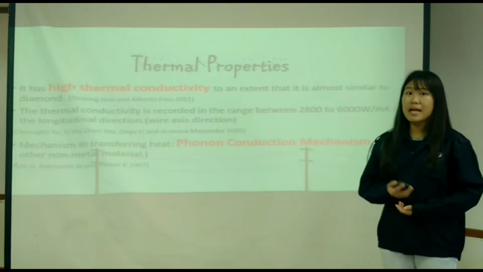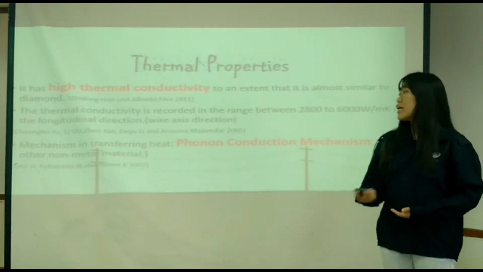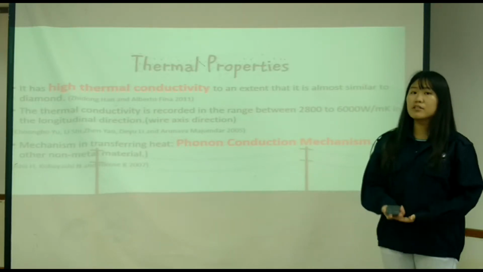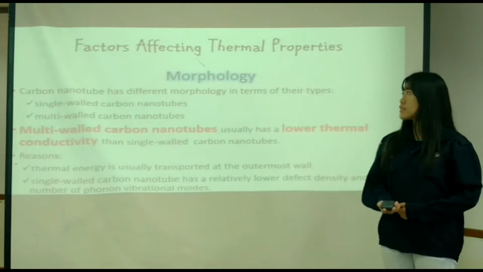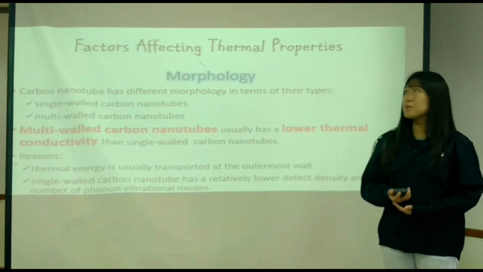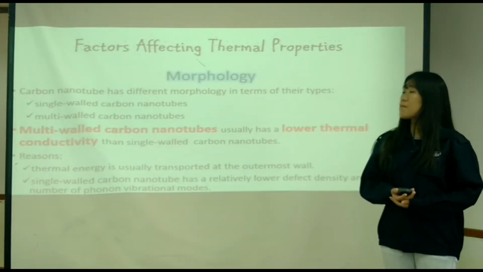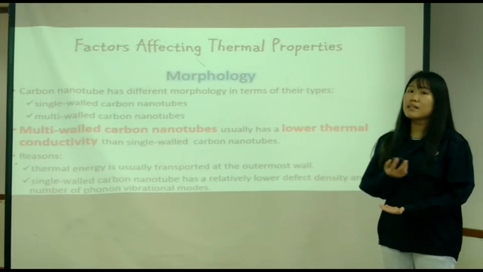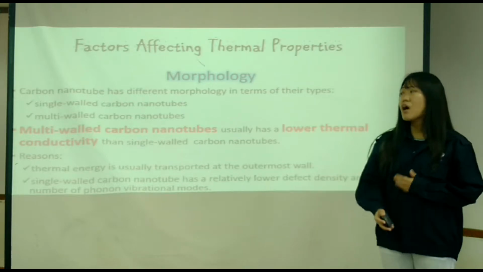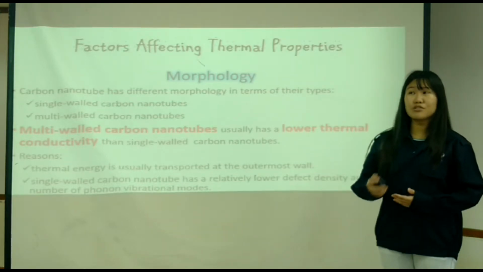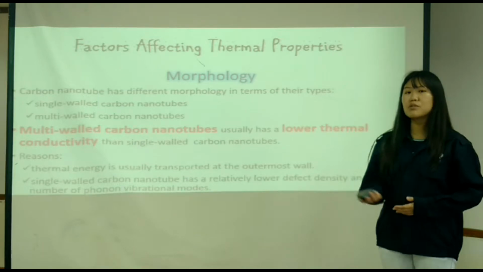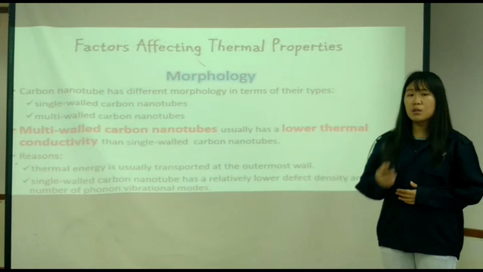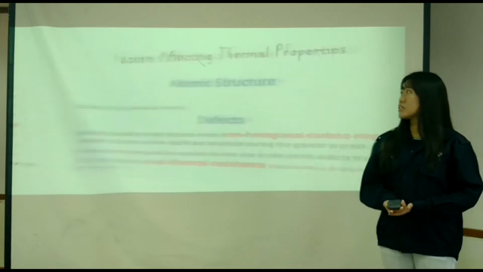The carbon nanotube has a high thermal conductivity, and the mechanism used in transferring heat is known as the thermal conduction mechanism. Let's see what affects these thermal properties. First of all is the morphology. Generally, multi-wall carbon nanotubes have a lower thermal conductivity because the thermal energy is usually transferred only at the outermost wall, and the single-wall carbon nanotube has a relatively lower defect density.